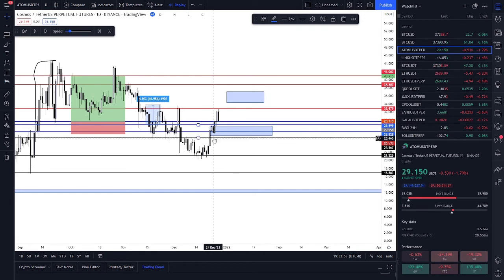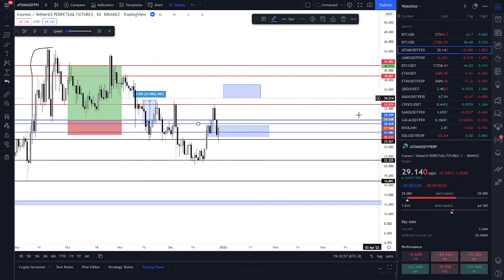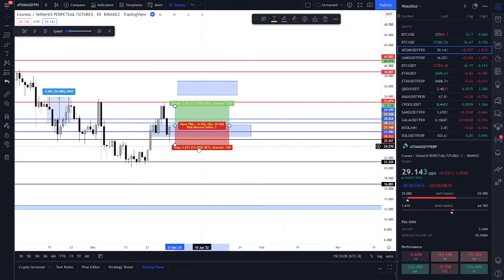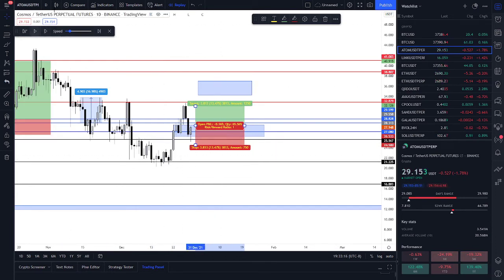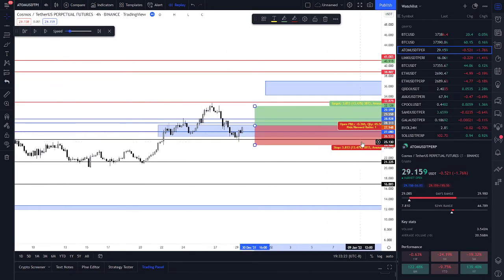Upwards movement, consolidation. This one would have been stopped out. How? I would have placed, well, based on this, right, there's not enough candle structure and data here to do it, so you'll have to go on a 4-hour.